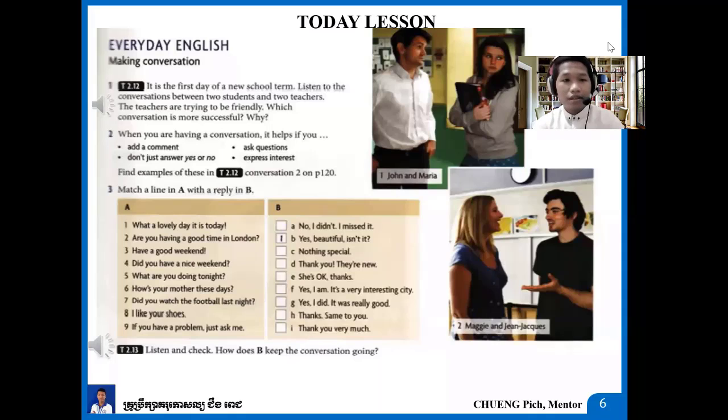Okay, so we have done number one. Let's take number two. When you are having a conversation, it helps if you add a comment, ask a question, express interest, and don't just answer yes or no. If we compare these tips to those previous conversations, we can see that the student in the first conversation doesn't add a comment, ask a question or express interest at all.